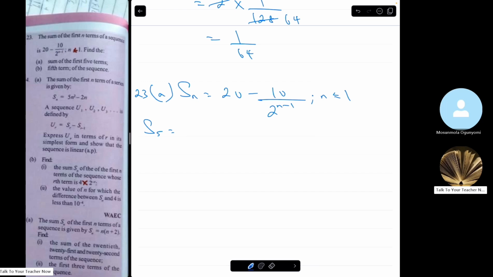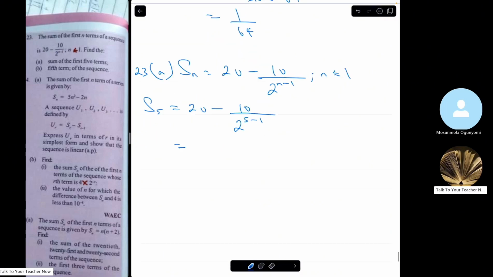S5 is equal to what? S5 will be 20 minus 10 over 2 raised to power 5 minus 1. Do you understand? Yes, sir. 2 raised to power what? 4.